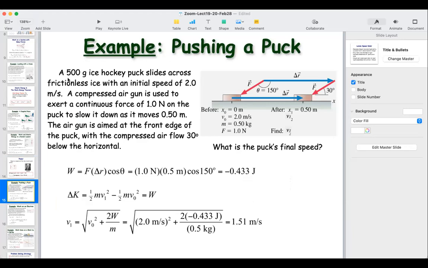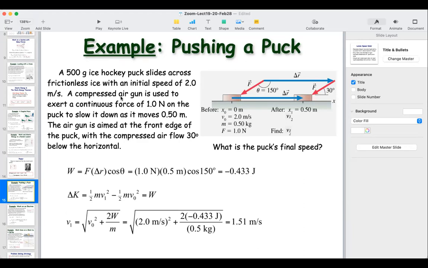We have a 500-gram ice hockey puck that slides across frictionless ice with an initial speed of 2 meters per second. So this is our hockey puck, 500 grams. This is frictionless with an initial speed of 2 meters per second.